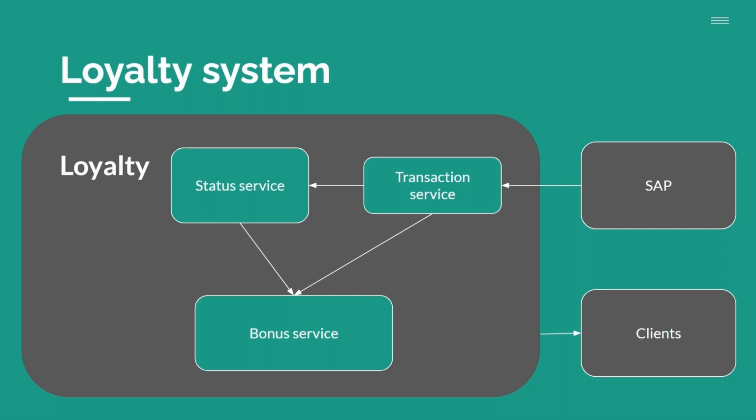We've got something called transaction service that is creating aggregations of the transactions, and it creates the inputs for the status service that decides whether you are basic, silver, golden customer, whatever, and bonus service that counts your bonus points.